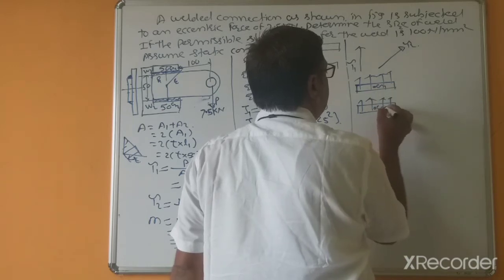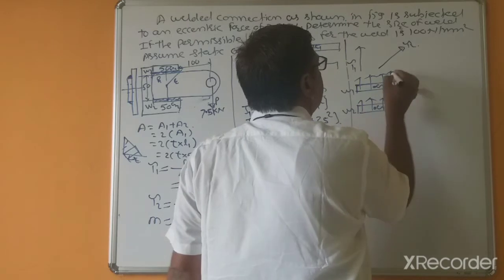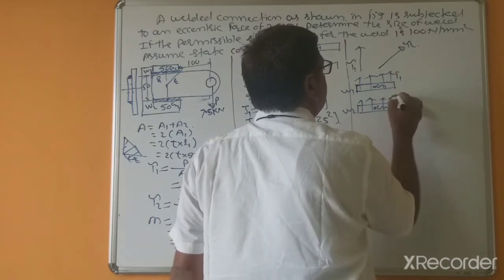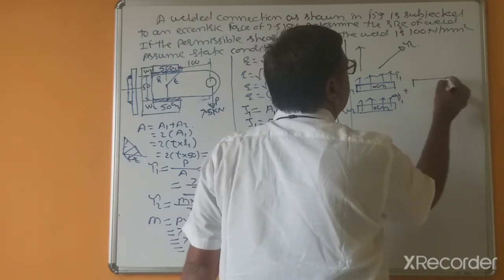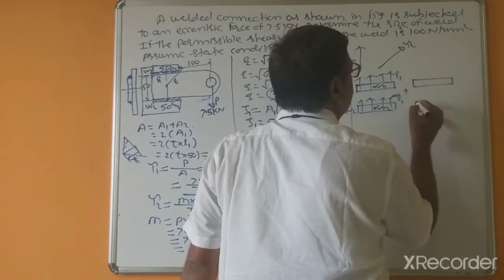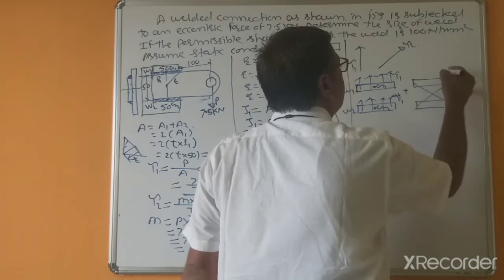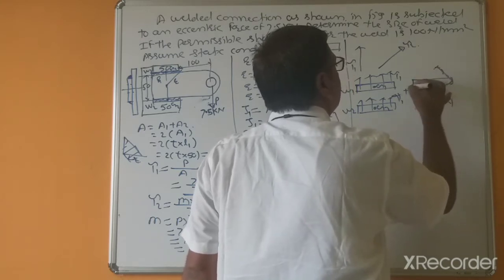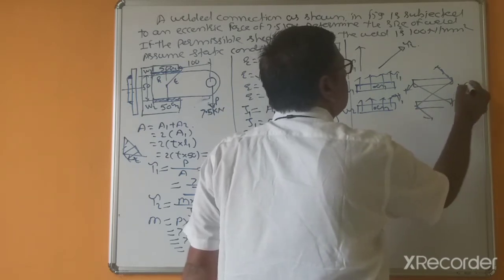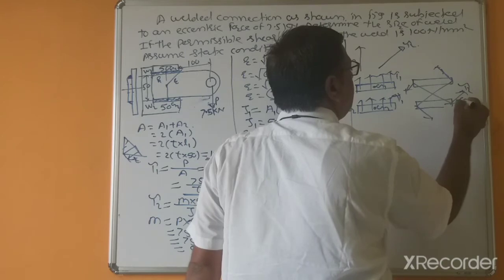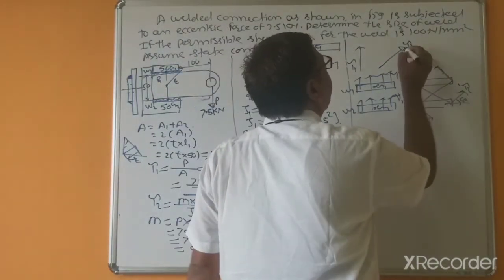G1, G2, first weld, second weld, and this is tau1 plus tau2.